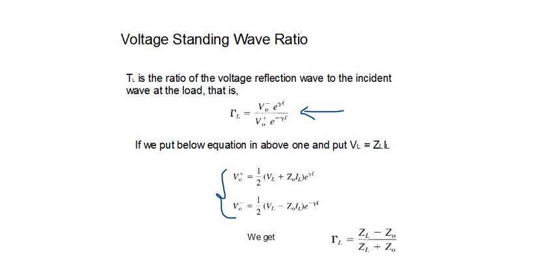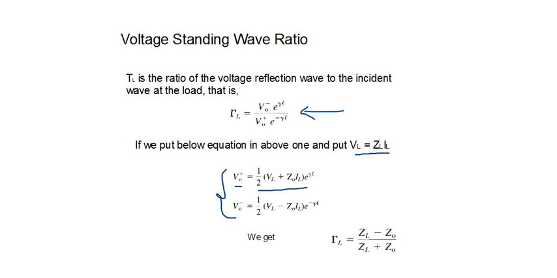So here we know that this V0 plus is 1 by 2 into VL plus Z0 into IL, into e raised to gamma L. Actually here in this set of equations we are using VL equal to ZL into IL, which is nothing but the multiplication of impedance into current.